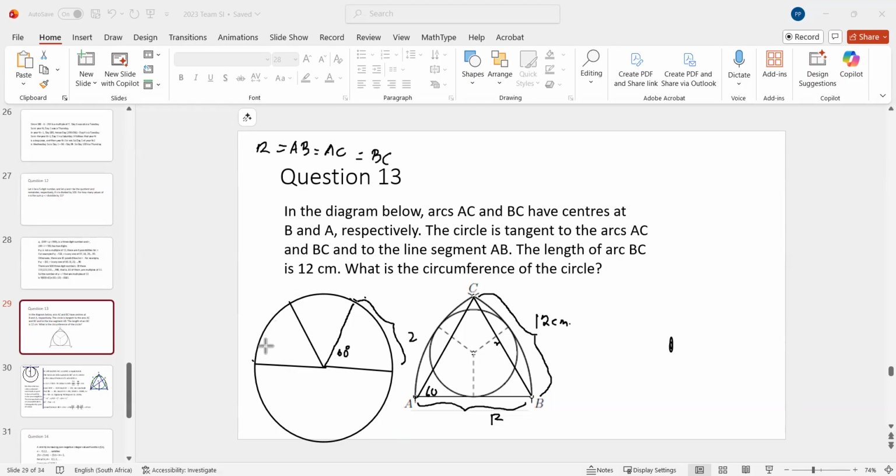So all these will be 2, see? Because they're arcs which have got 60 at the center, so they're identical arcs. So there are 6 60s in 360, and therefore the circumference of the circle is 6 2s. So the circumference of the large circle is 12, 6 times 2.